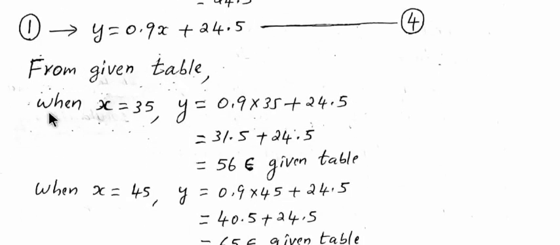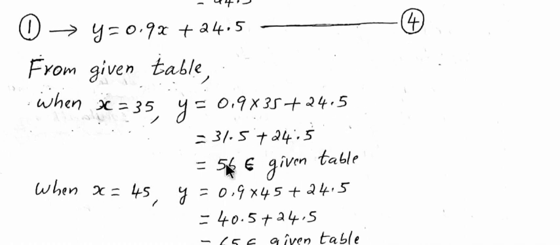From given table, we can take first value. When x is equal to 35, find out the value of y. Here we can substitute x is equal to 35. Therefore, y is equal to 0.9 into 35 plus 24.5. Then simplify. 0.9 into 35 is 31.5 plus 24.5.